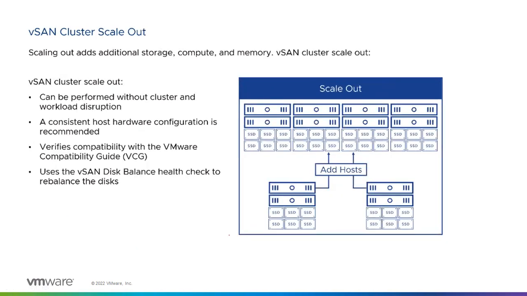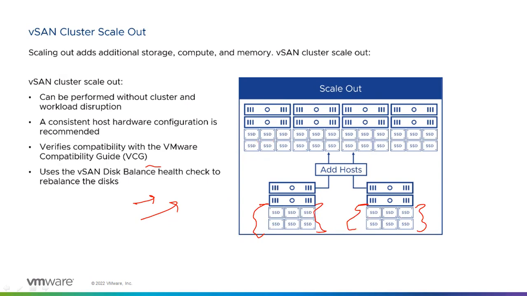When you perform a scale out activity, meaning we are adding another host, we have to keep in mind all the prerequisites: the VMkernel ports should be configured, the vMotion port should be configured, and the equivalent number of disks should be available when we are adding multiple hosts to the existing cluster.